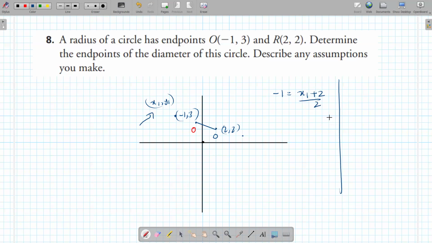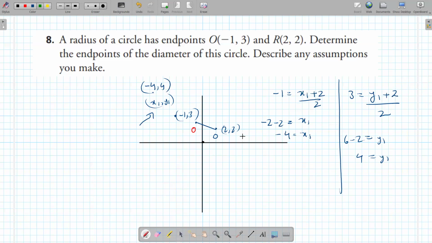Similarly, the midpoint will be y1 plus y2/2. So x1 will be -2 minus 2, x1 will be -4. And this is 6 minus 2, y1 will be 4. Cool? So if we're assuming this is the endpoint, it's going to be -4, 4.